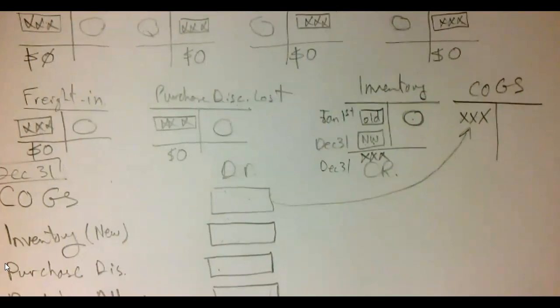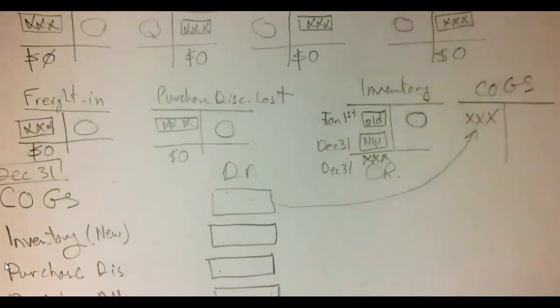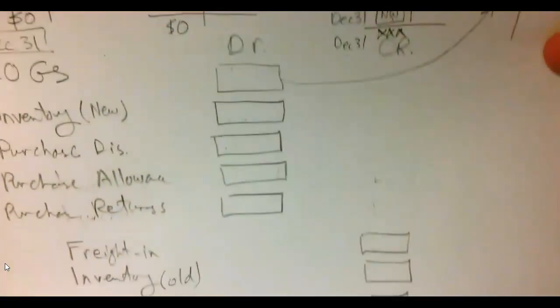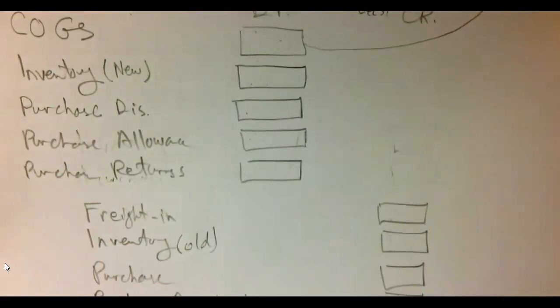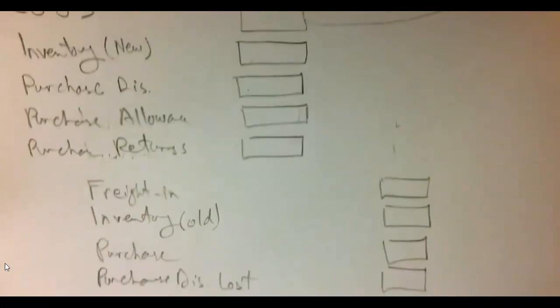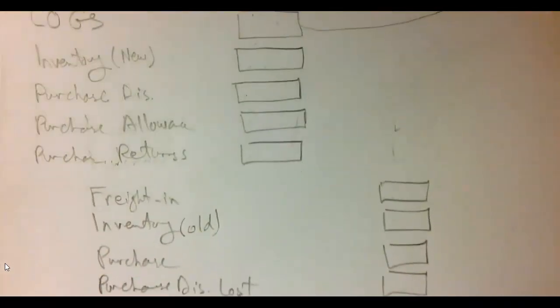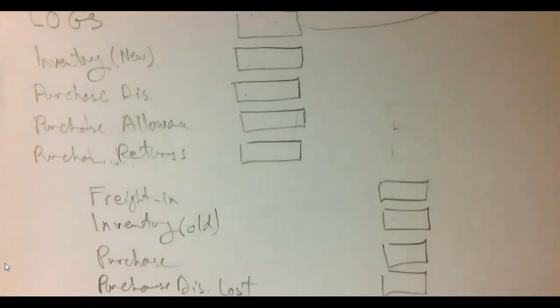Got it? So it's going to be a very long journal entry under the periodic method to close all these temporary accounts and record the new inventory and the cost of goods sold T account.